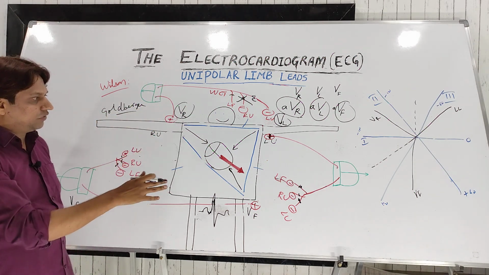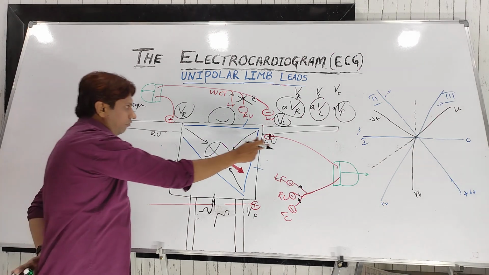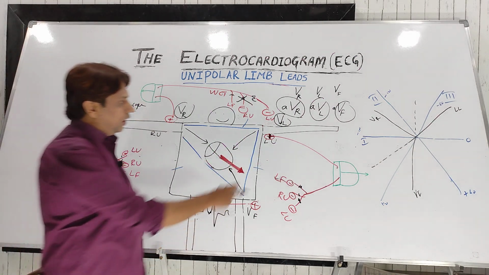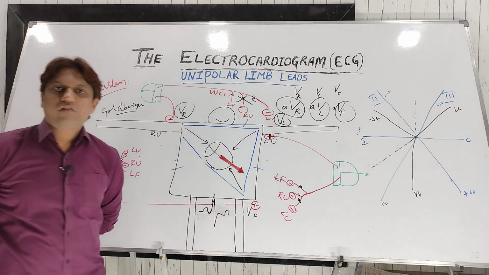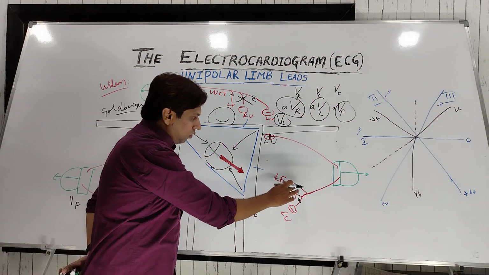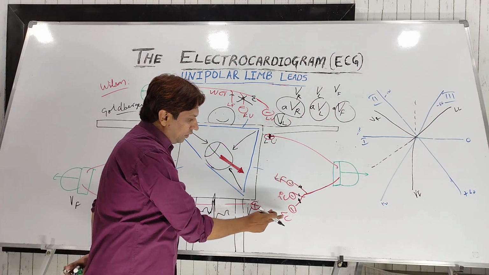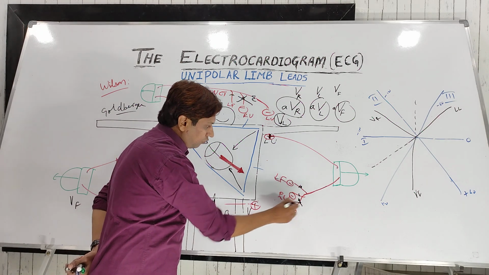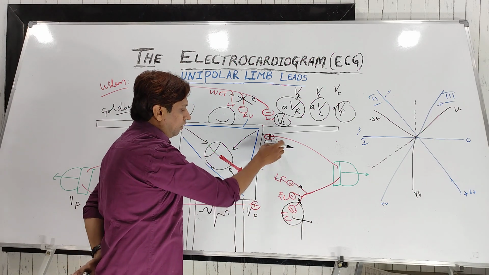Okay, similarly for the AVL, the positive electrode is kept on the left upper limb and the negative electrode is kept on the right upper limb and the left foot. He removed the negative electrode from this.